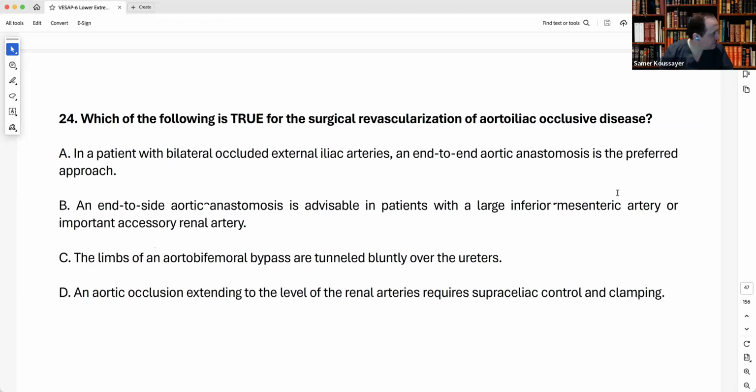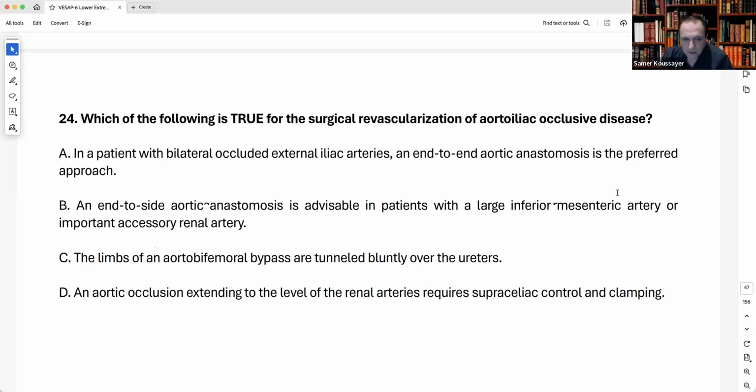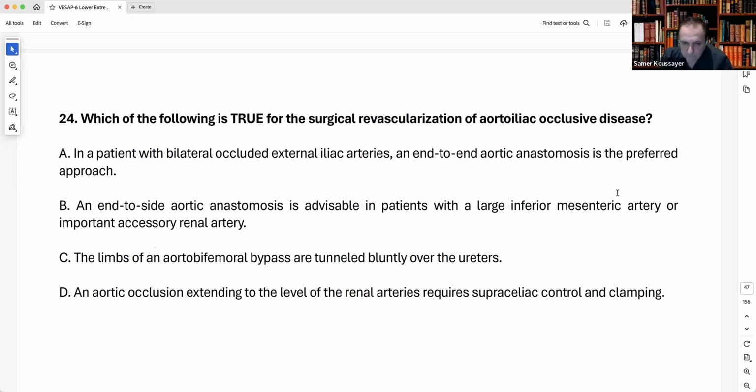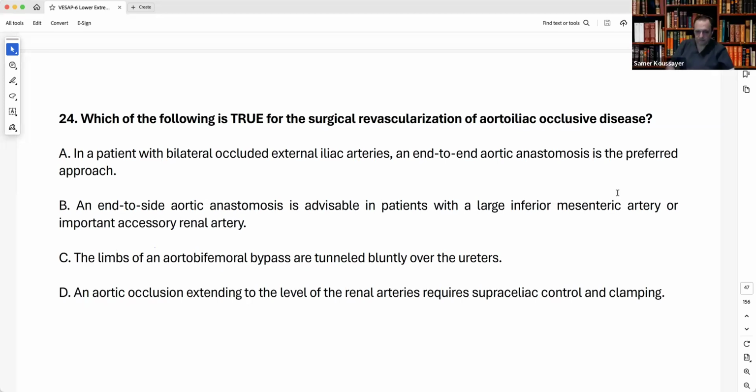All right, next one. An aortic occlusion extending to the level of the renal arteries requires supraceliac control and clamping. Do you think so? Do we have to do supraceliac control and clamping? If it reaches to the renal but not suprarenal, I clamp supraceliac.